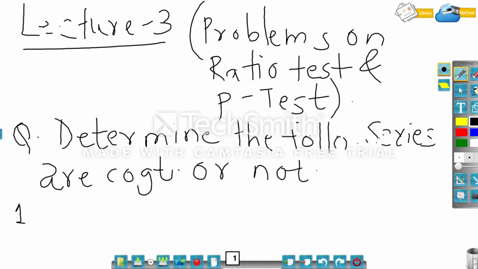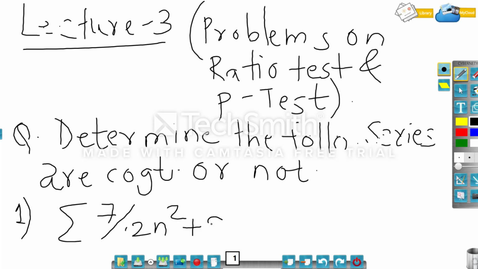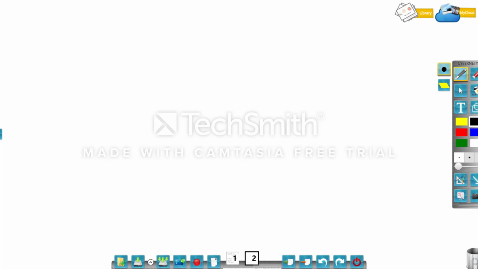Number 1, the series 7 upon 2n square plus 9n plus 8. Let's see the solution.